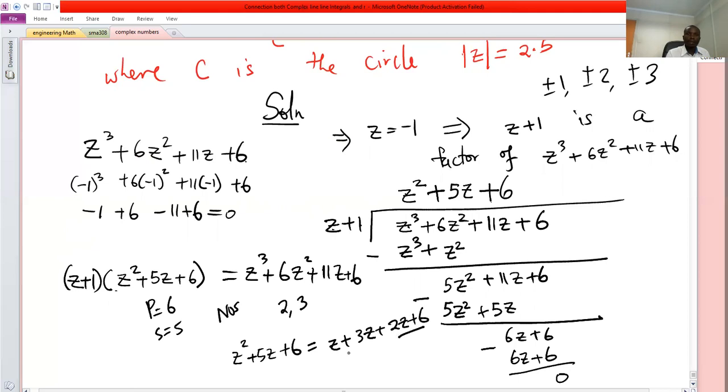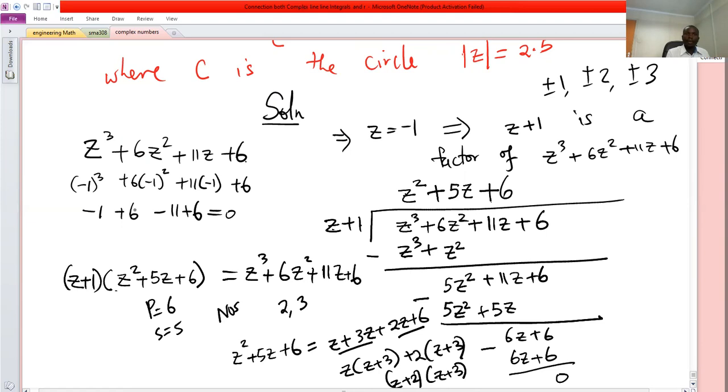When I pair, z into (z + 3) plus 2 into (z + 3), I'll get (z + 2) and then (z + 3).